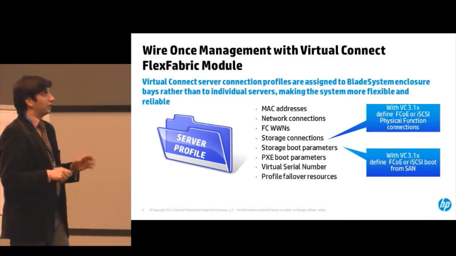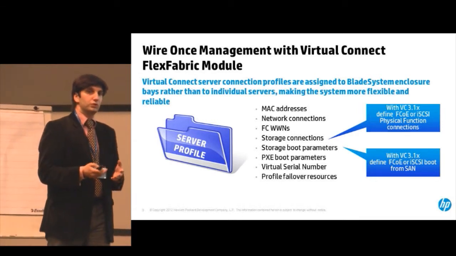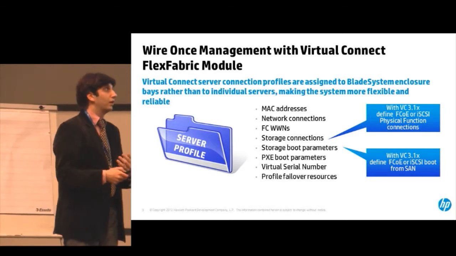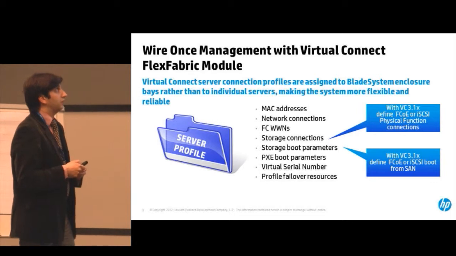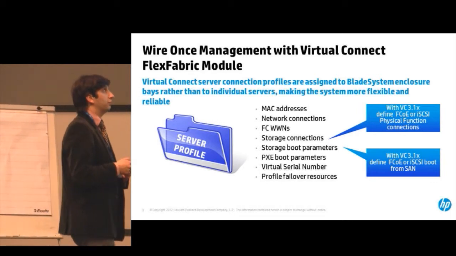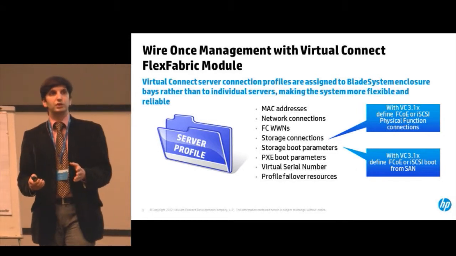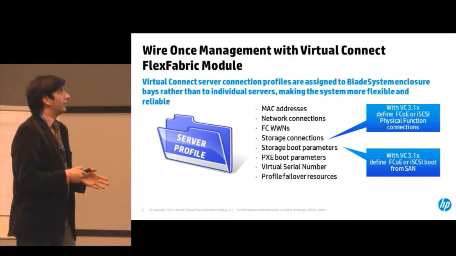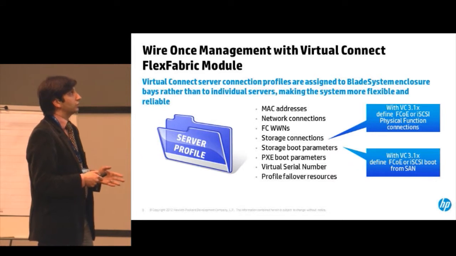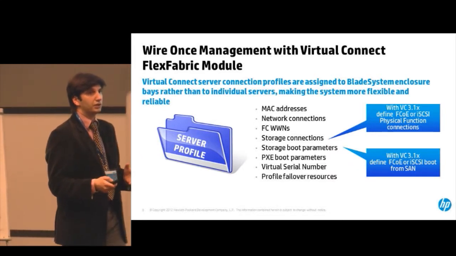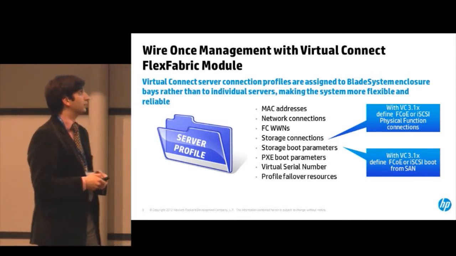This server profile is stored by the Virtual Connect module, so it's not attached to any blade server in particular. It describes the MAC addresses which are going to be used, the parameters of the networking connections, what uplink ports I'm going to use, what VLAN parameters, Fibre Channel WWNs, and the storage connections, which now also define the Fibre Channel or iSCSI connections with the latest generation of the product.